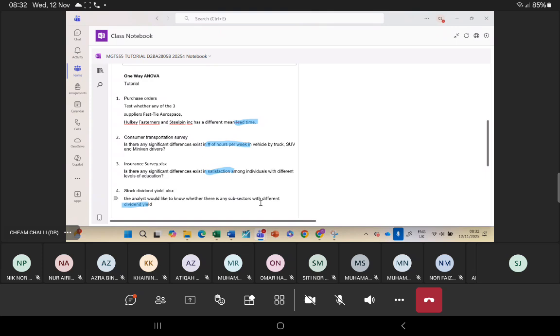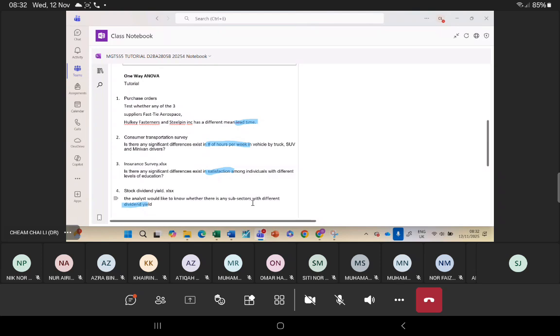And then these sectors are the element, sama dengan SUV, truck dan van. Dia adalah group saja, dia adalah element, right? So you have more than 2 groups, then you need to run one-way ANOVA, using single factor. Single factor maksudnya you kena tahu apakah variable dia, single variable, single factor tu sama.